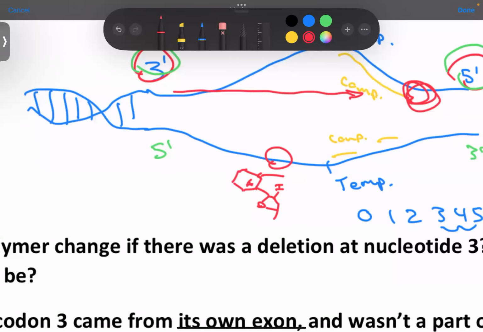And we have this guy and this guy. And we have our 1 carbon here, 2 carbon here, 3 carbon here, which is important. So we call it the 3'. Our 4th carbon is right here, and our 5th carbon is right here. So we call this one 5'.